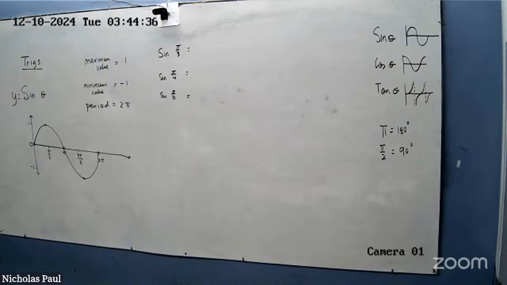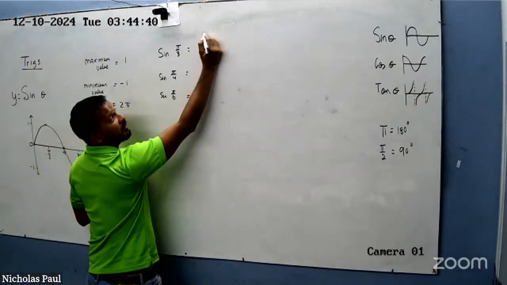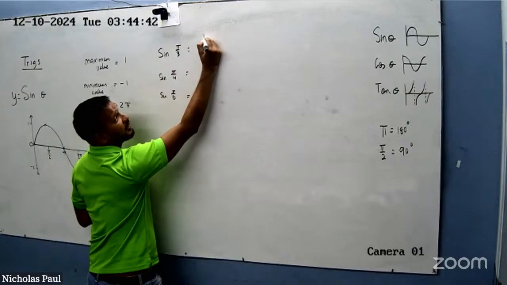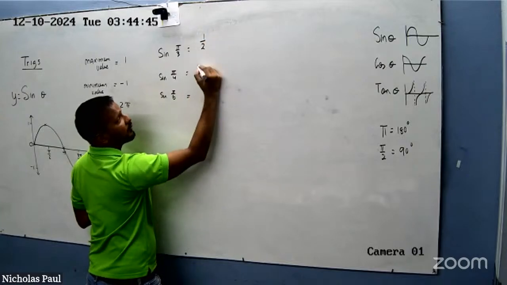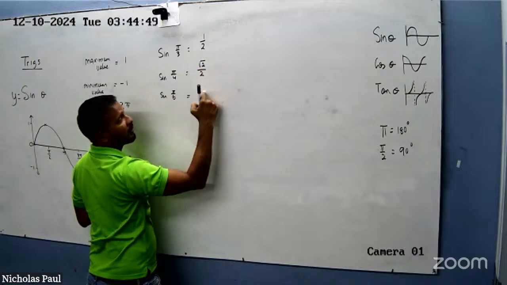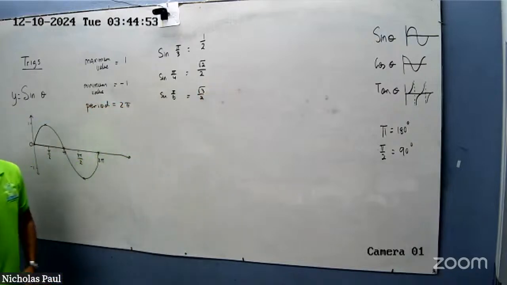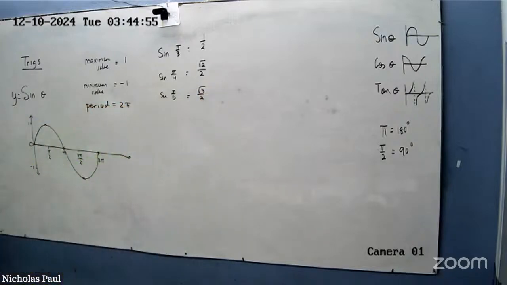So the first one is what? And the last one. All right. So we have to know those values. These are the values that we need to learn for the sine graph.